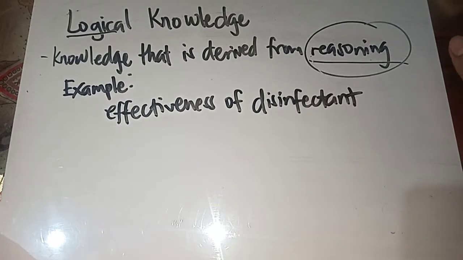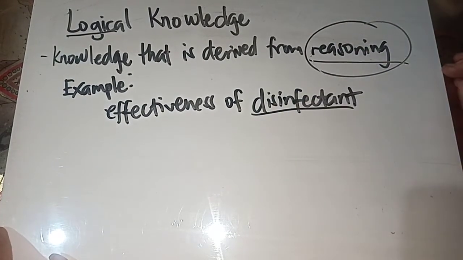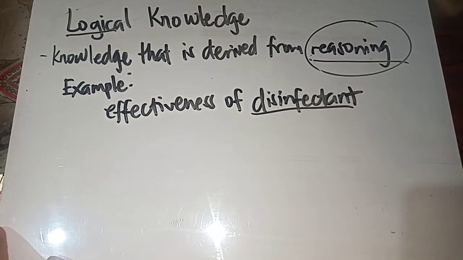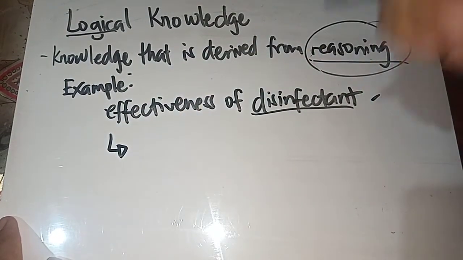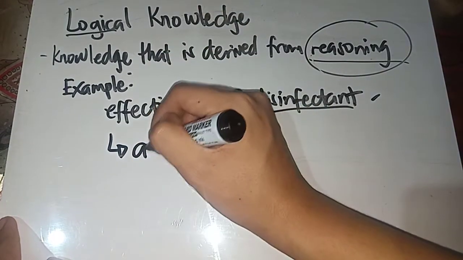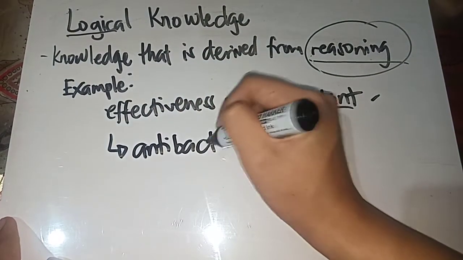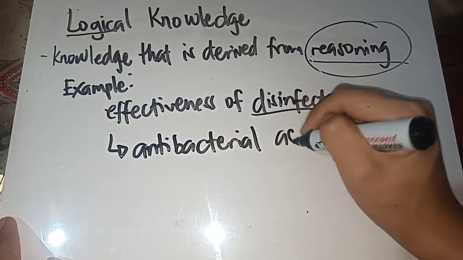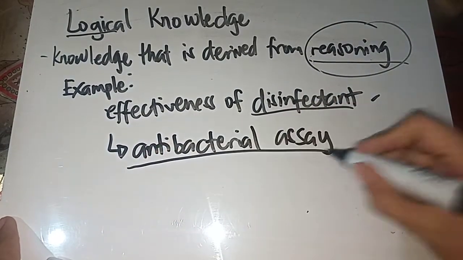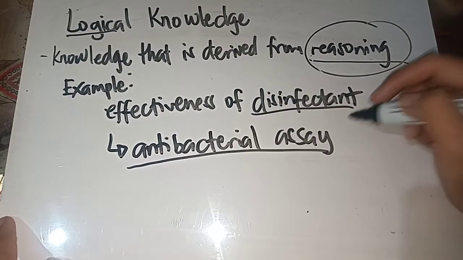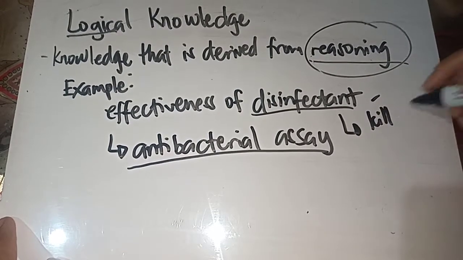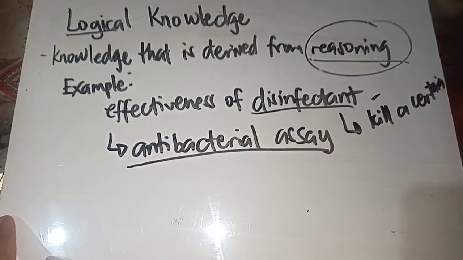Now, how do we determine if a certain disinfectant is effective on killing a certain species of bacteria? By doing so, we conduct an experimentation known as the antibacterial assay. So this is the kind of method to be used to determine the effectiveness of a certain brand of disinfectant that can kill a certain bacteria.